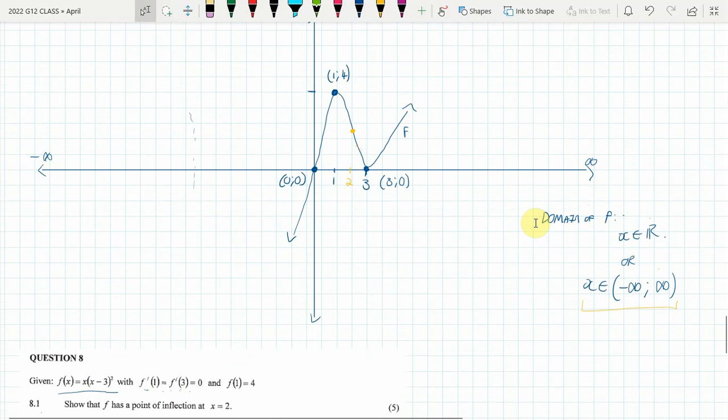Or would it help if we draw the reflection on the sketch? Yes. Okay, so the reflection: the turning point will be a point on the reflection as well. Both x-intercepts will also be points on the reflection, and then 1 and 4 will become 1 and minus 4 if we reflect about the x-axis.